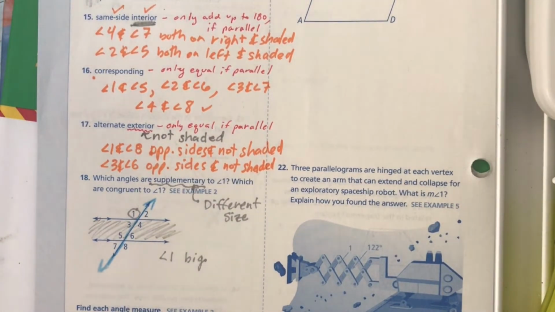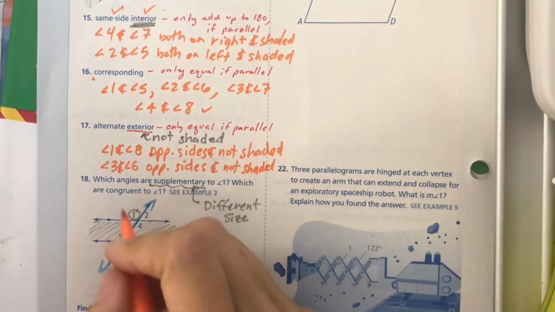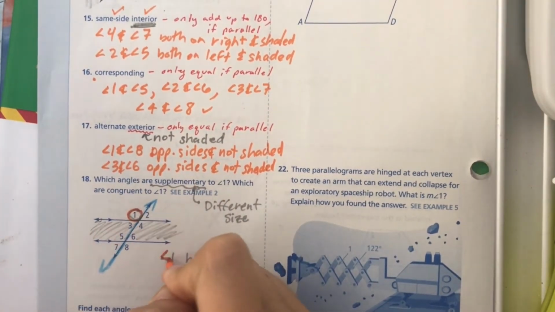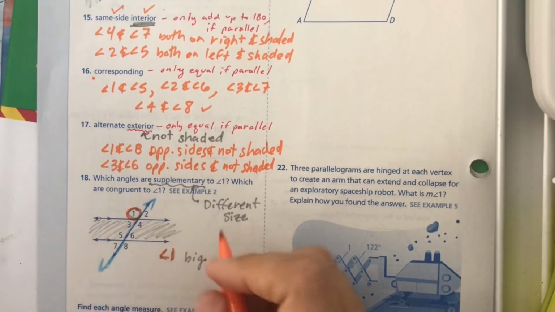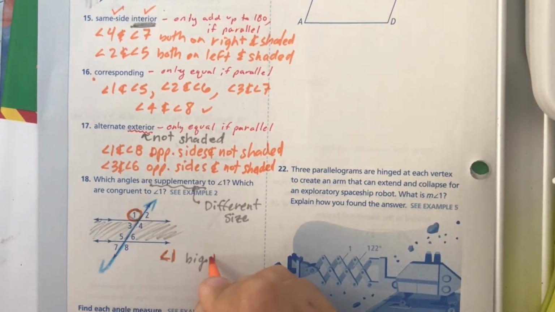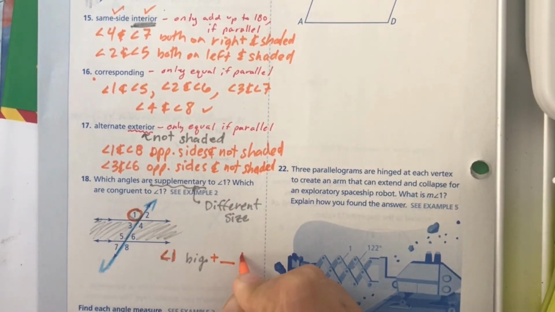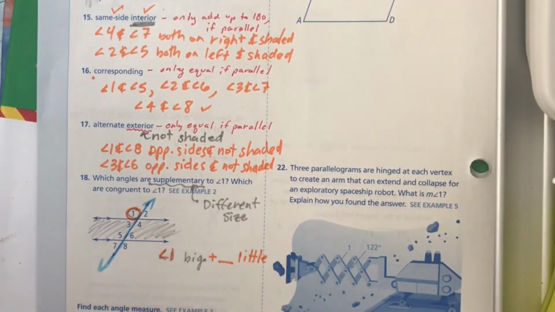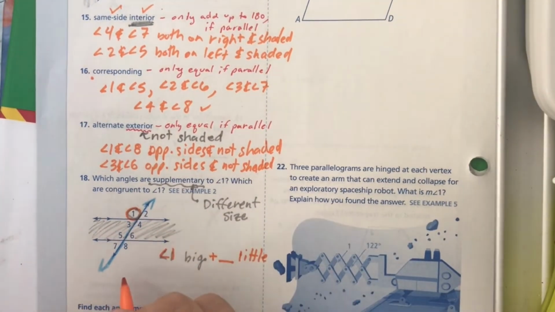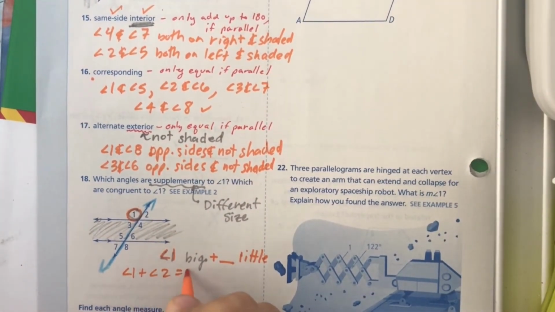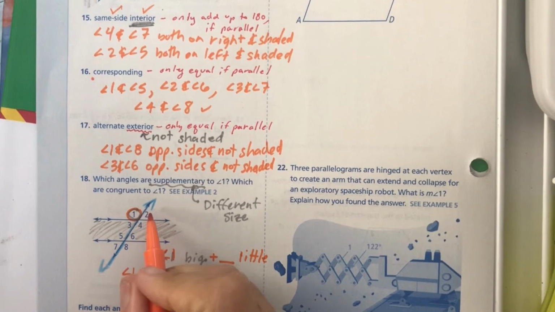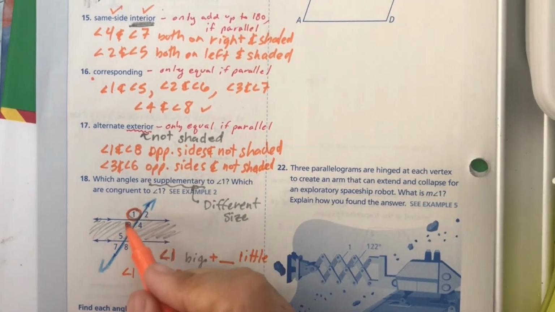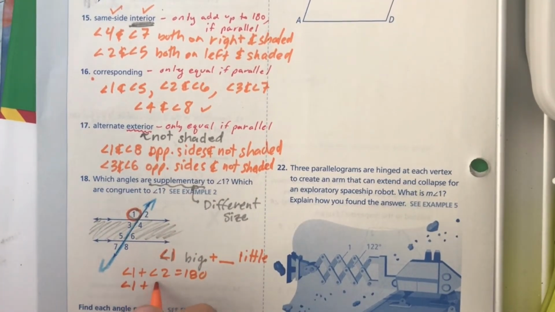So, angle 1 would be supplementary with any little one. So the big one plus any little one, because all the little ones are different than the big ones. Okay, so any 2 would add up to 180. So angle 1 and angle 2 should add up to 180 because 1 is big, 2 is little. 3 and 1 should add up to 180.